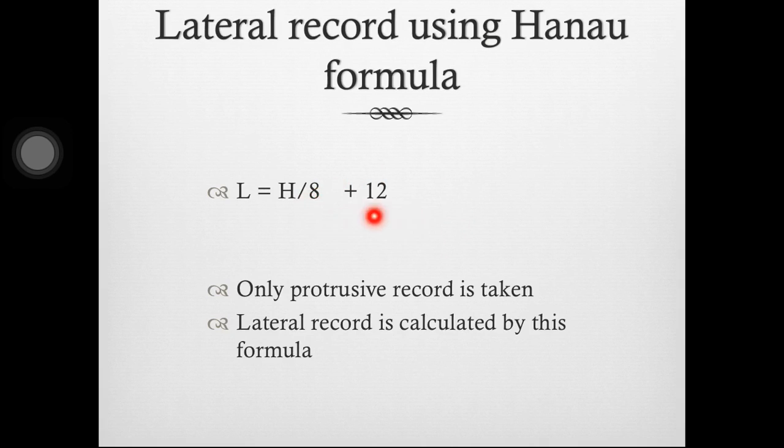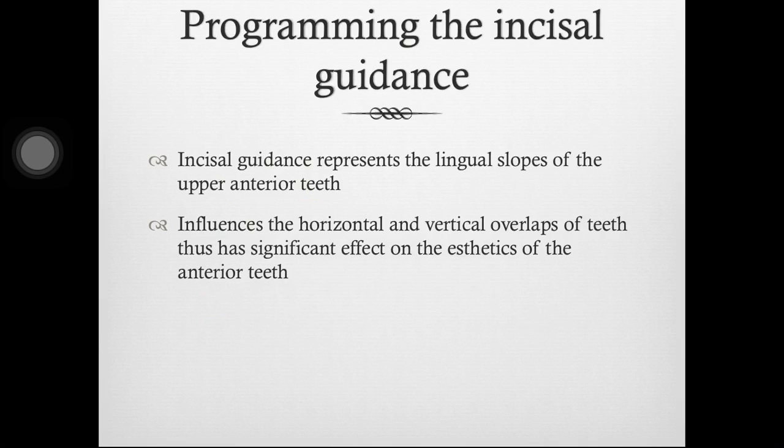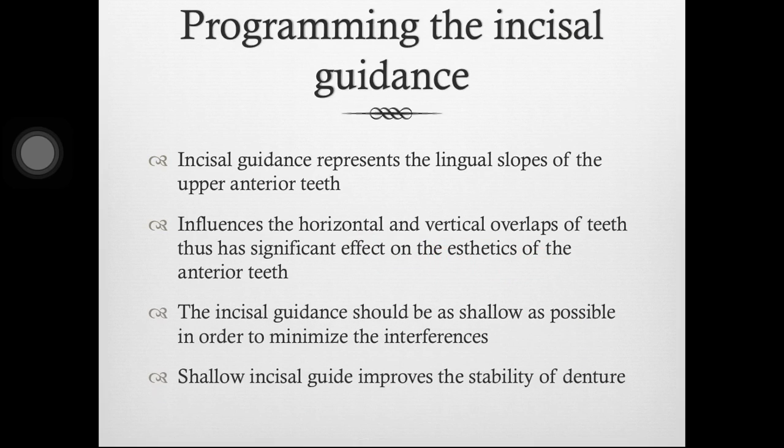H represents the protrusive record. Incisal guidance is programmed. Incisal guidance basically represents the lingual slope of the upper anterior teeth and influences the horizontal and vertical overlaps of teeth, which has a significant effect on the aesthetics of anterior teeth.